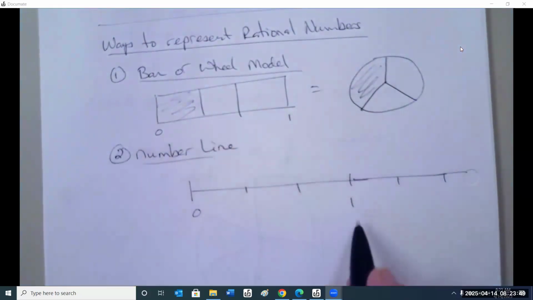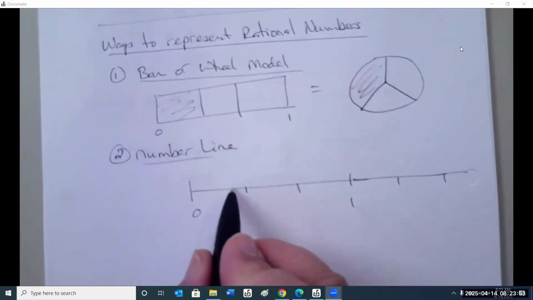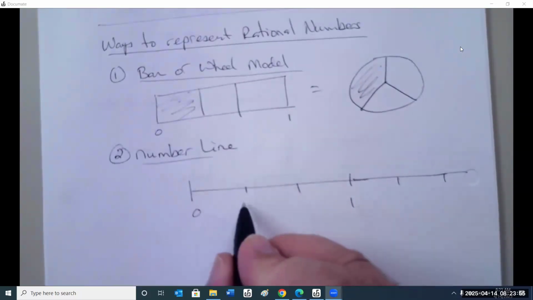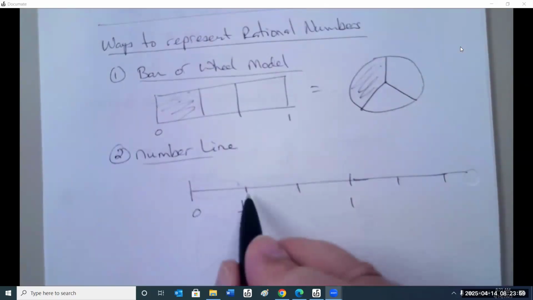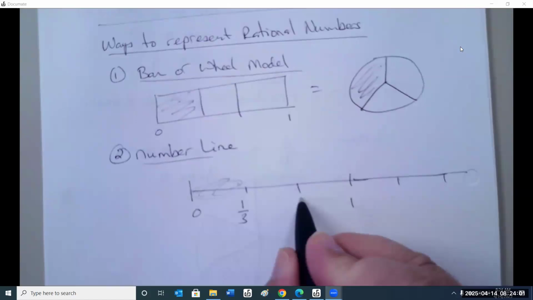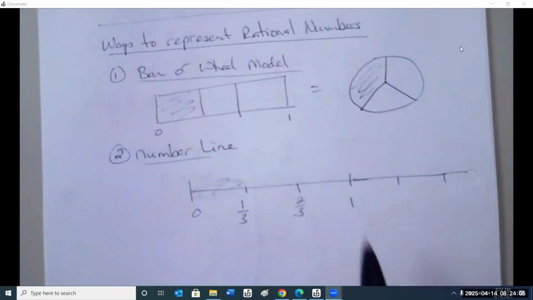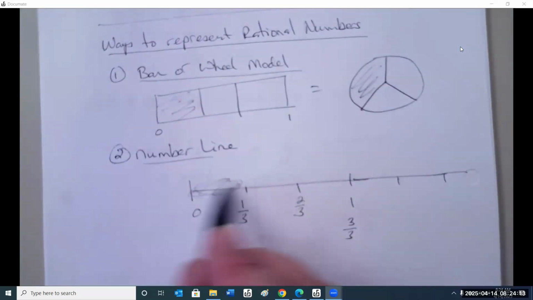We're separating it in different parts. What is this first part? That's the first of 3 parts. What's this part? That's the second of 3 parts. What is this one? The third of 3 parts. 3 over 3 is equal to 1. So this is the same thing as the other two.